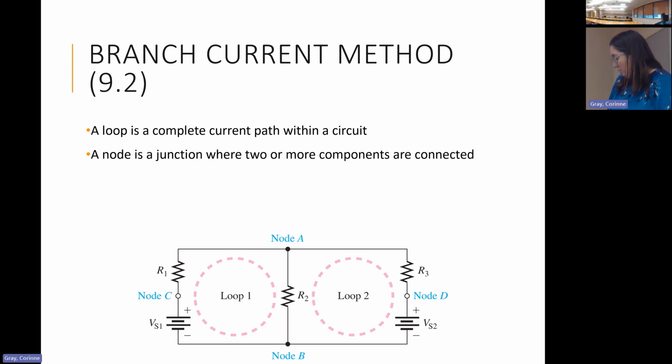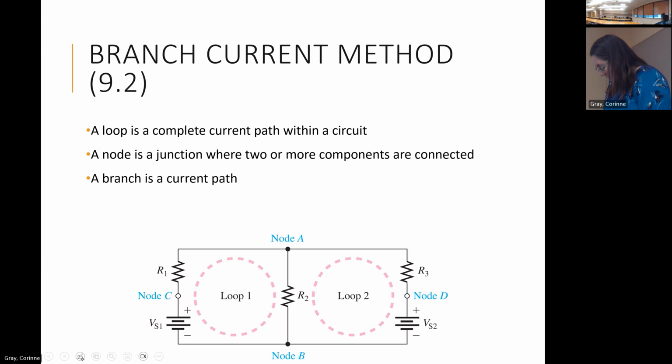All right, the node is where two or more components are connected, and a branch is any current path. So if we're looking at the left here, all of this shares one current value.